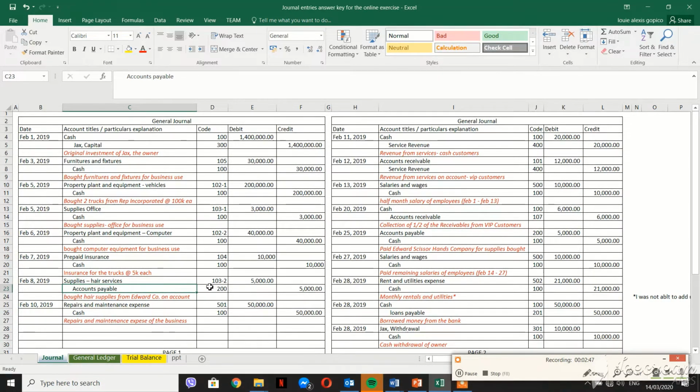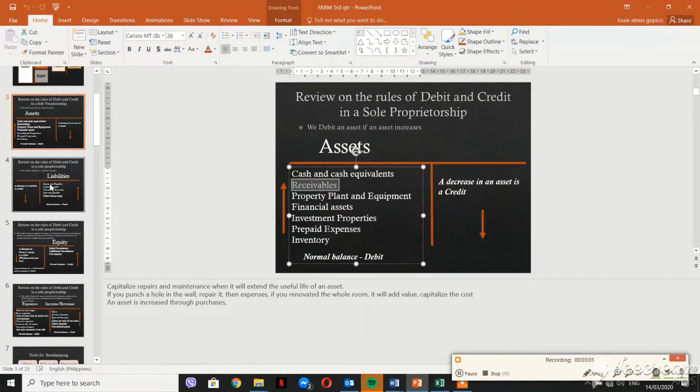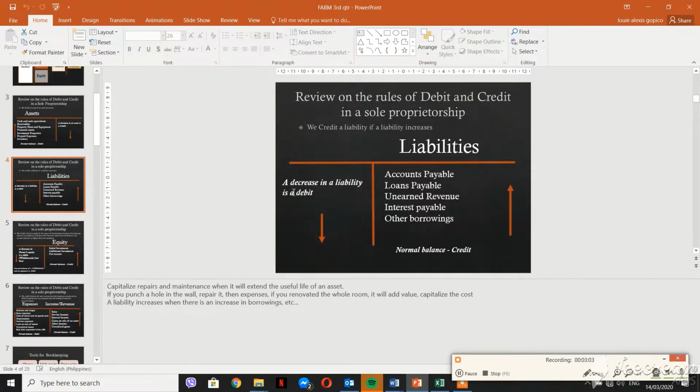However, since we have already paid for it on February 25, then mawawala yung accounts payable. Why? Kasi wala ka nang utang. If you look at the PowerPoint, liabilities is on the credit side. What happens if you have already paid your liabilities? Your liabilities will decrease.